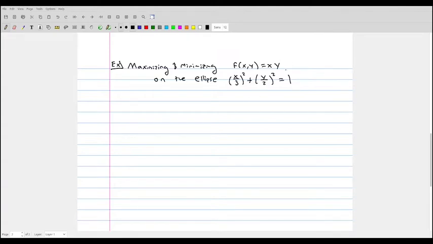So we have a function that we're trying to maximize, and we have our constraint, which is that this function g of xy is equal to 1. That's the curve given by the ellipse.